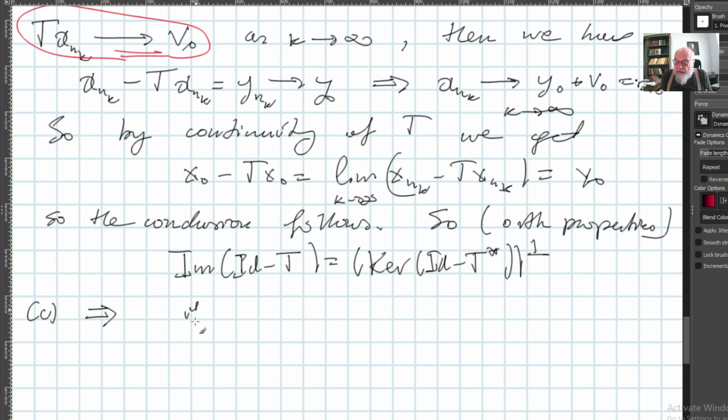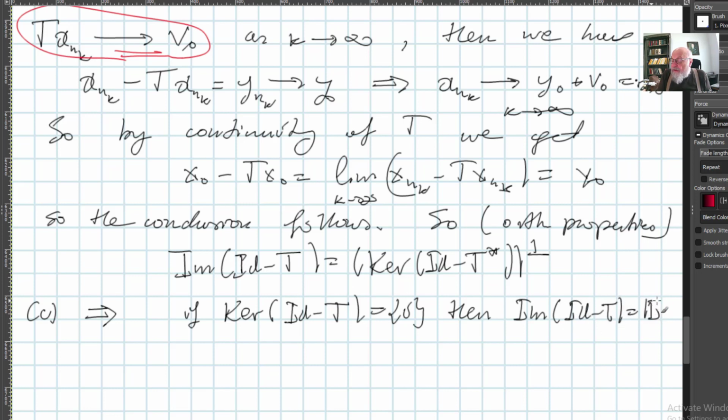That means if the kernel of identity minus T is 0, that means that this operator is injective, then this implies that the image of identity minus T is equal to E. So this is what we want to prove. So I put here a question mark.